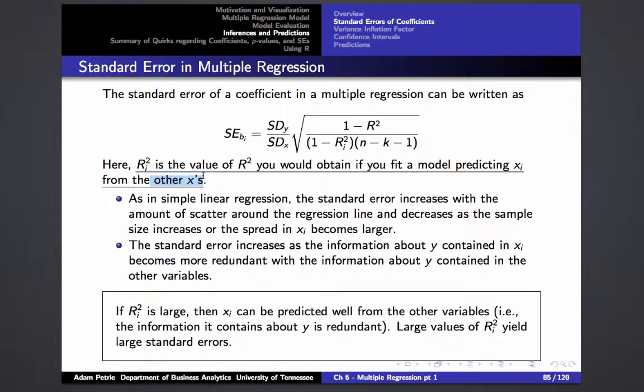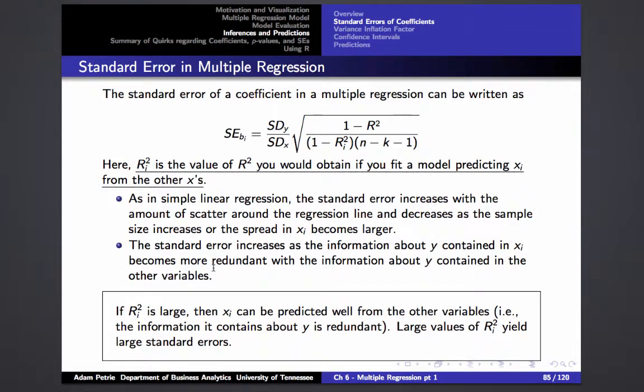And here's what's interesting about the formula for the standard error of the coefficient in the multiple regression. As xi is more and more redundant with the other predictors, in other words, we can predict xi better and better from the other variables, r_i squared increases. And as r_i squared increases, this number gets closer to 1, 1 minus that number gets closer to 0, and the standard error gets bigger.